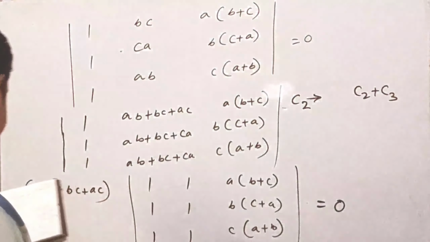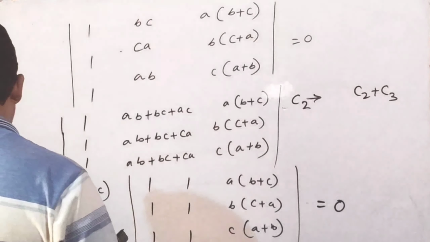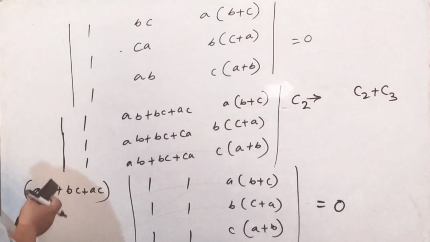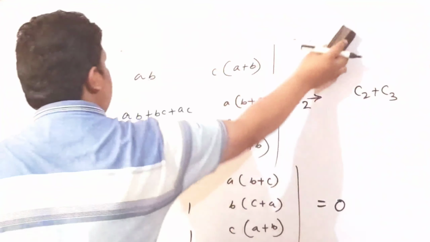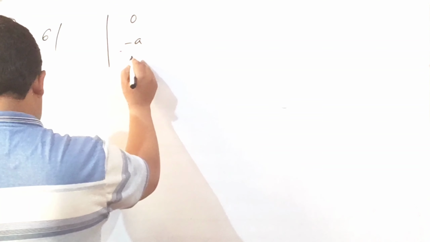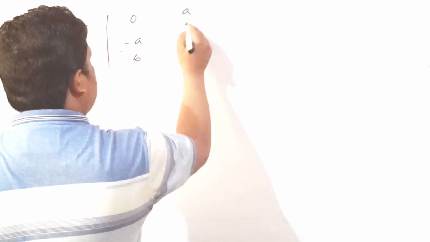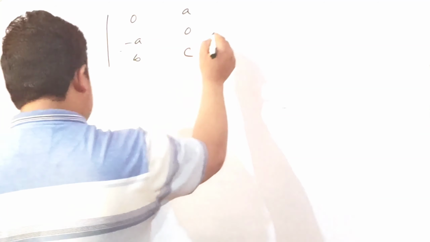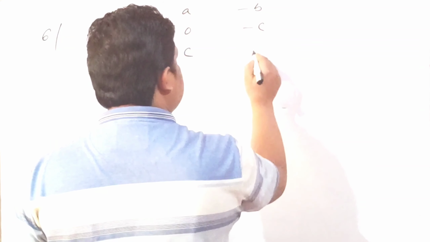Next, question number 6, look here. It is given: 0, minus A, B; A, 0, C; and minus B, minus C, 0.